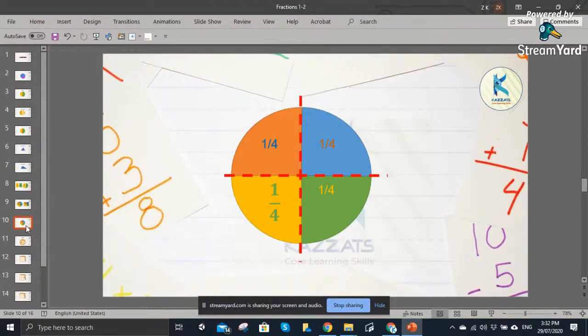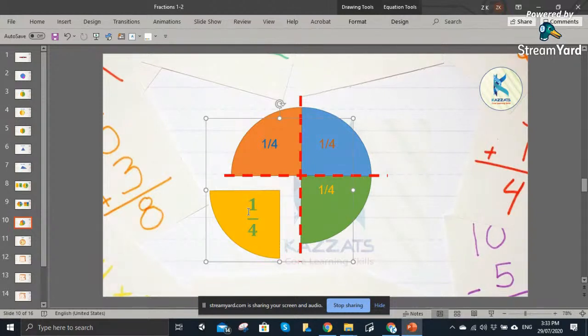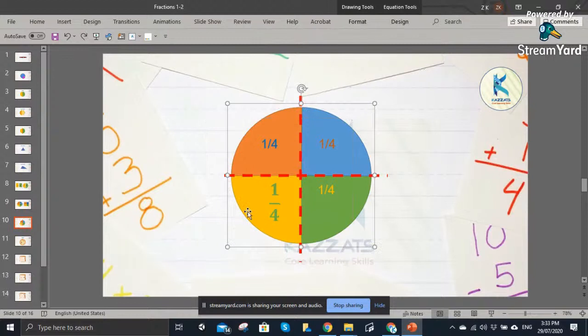Okay. Now over here, as I've talked about earlier, these are having 2 parts. First, we are folding into halves, that is this line of symmetry, this one, and then we are folding it again over here. This is the second line of symmetry, and this part that is shown on top of your fold is called 1/4.